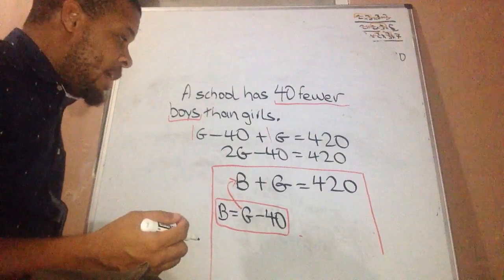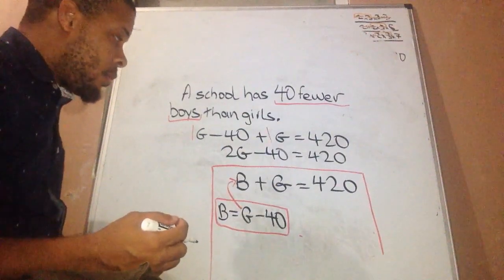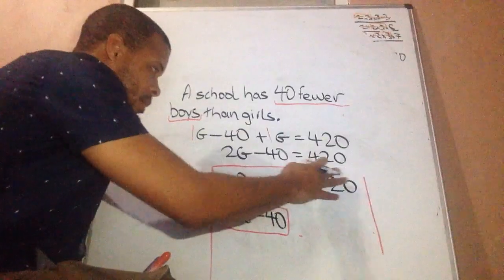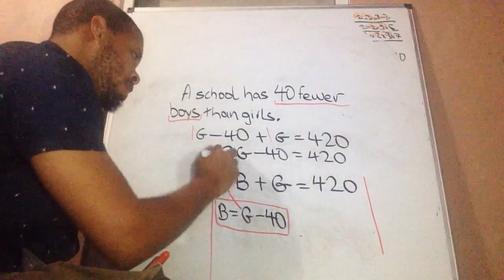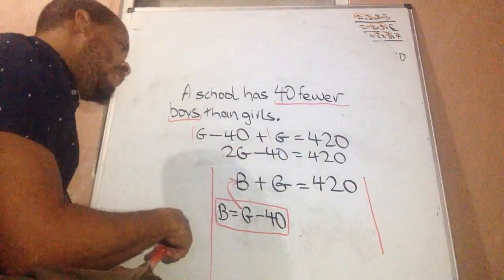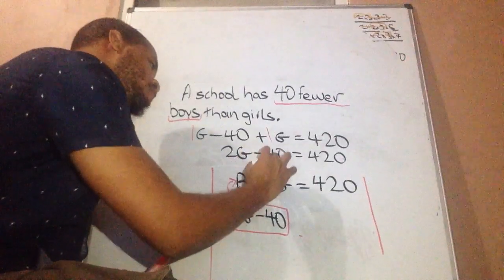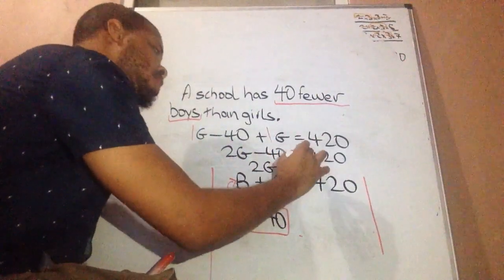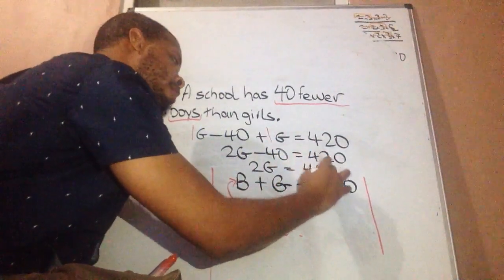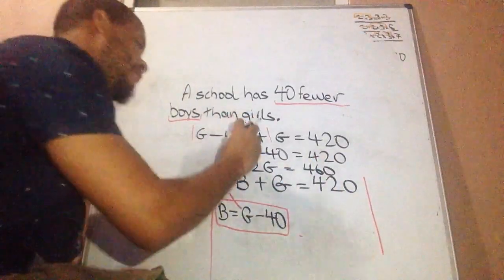Then we know what happens next. What happens next is we add 40 to both sides. 2G will be equal to 460.